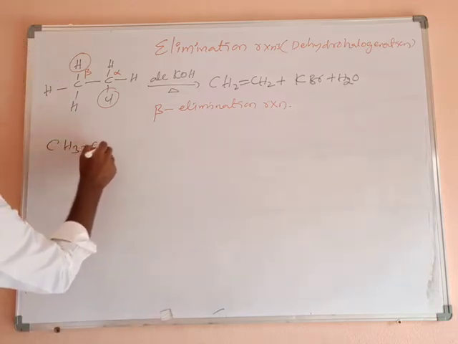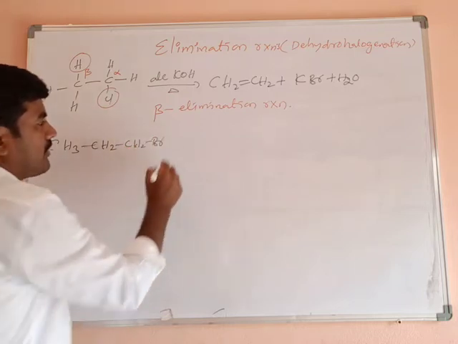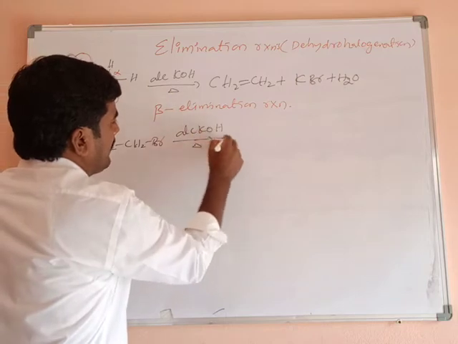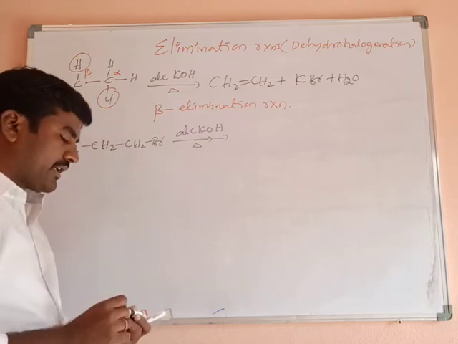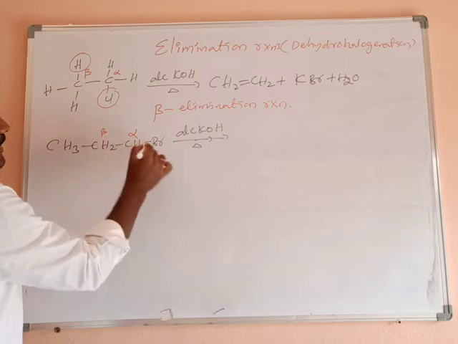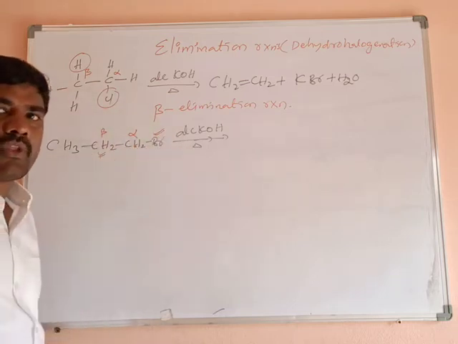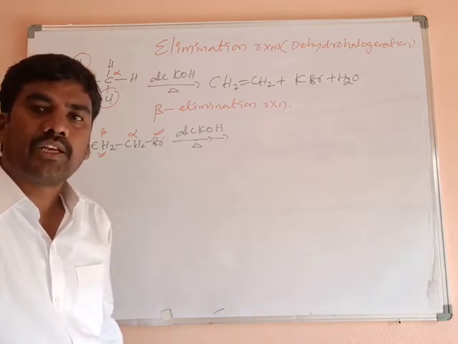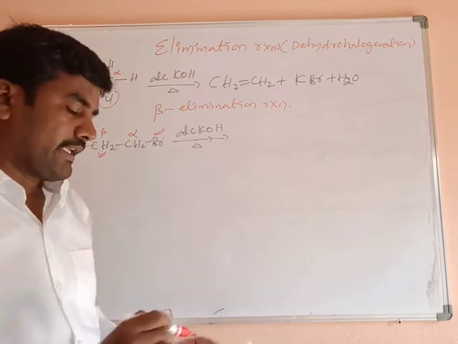Let's take another example. N-propyl bromide is boiled with alcoholic potassium hydroxide. This is the alpha carbon and this is the beta carbon. From the alpha carbon the halogen atom, and from the beta carbon the hydrogen atom, are both eliminated from adjacent carbon atoms to form an alkene.